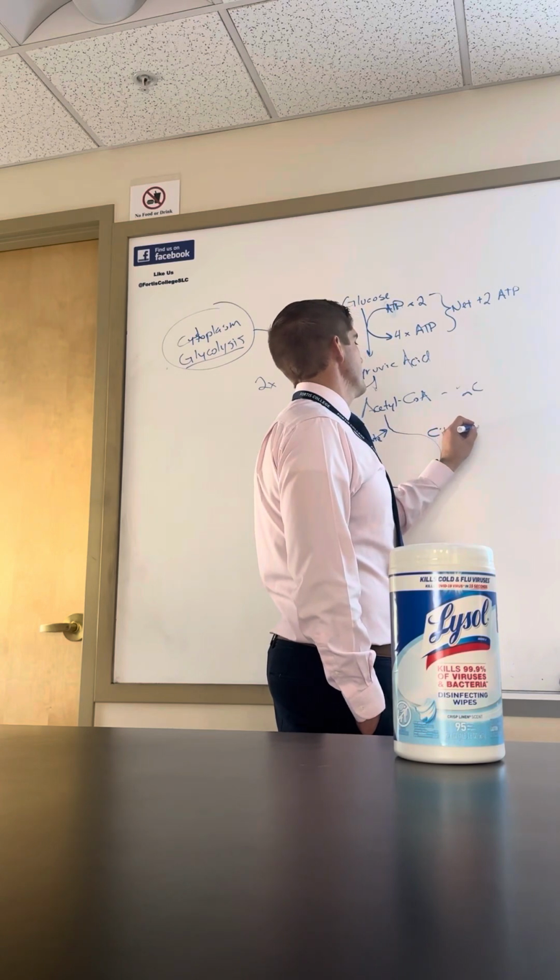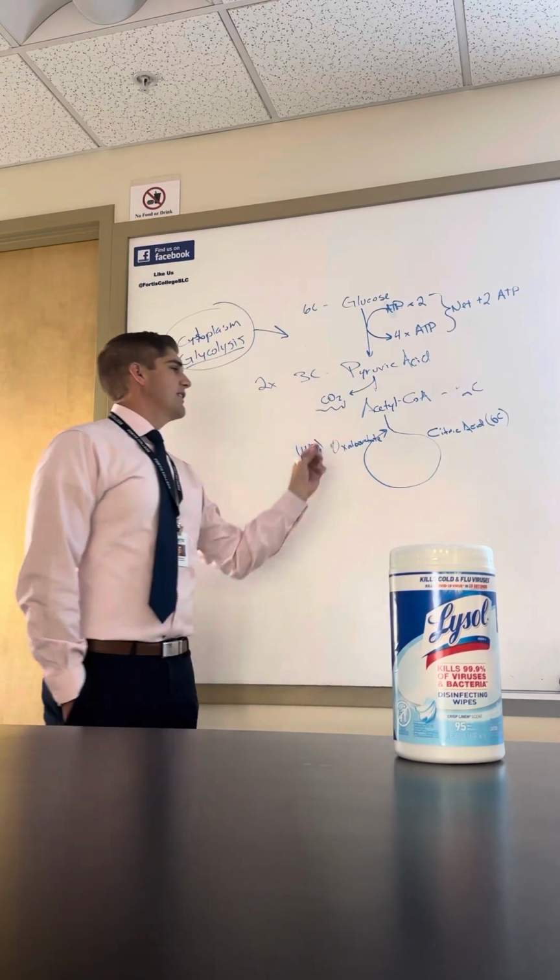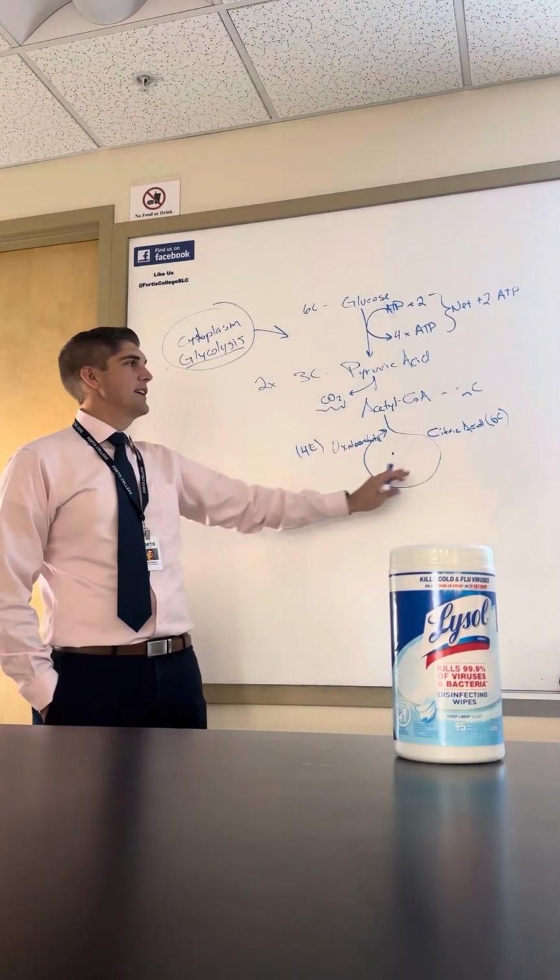What do you get? Citric acid, which is also 6 carbons. And then a whole bunch of reactions take place.